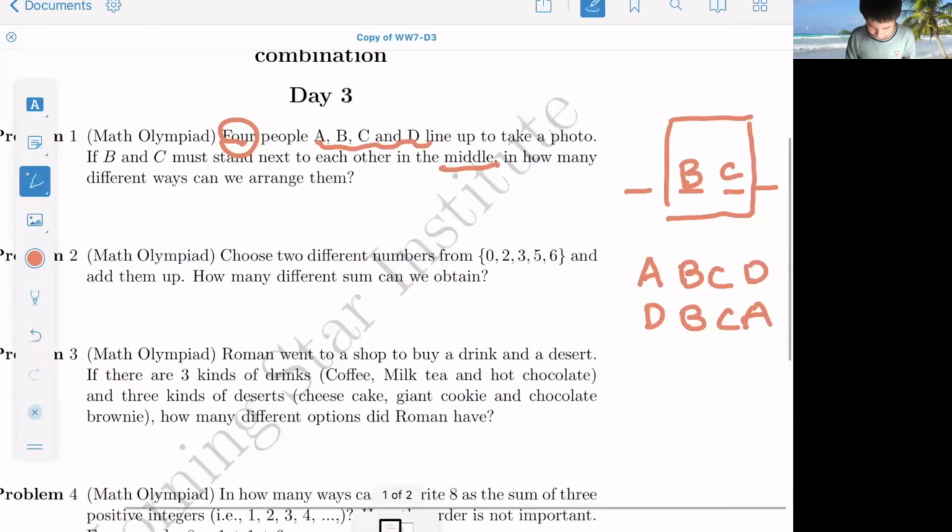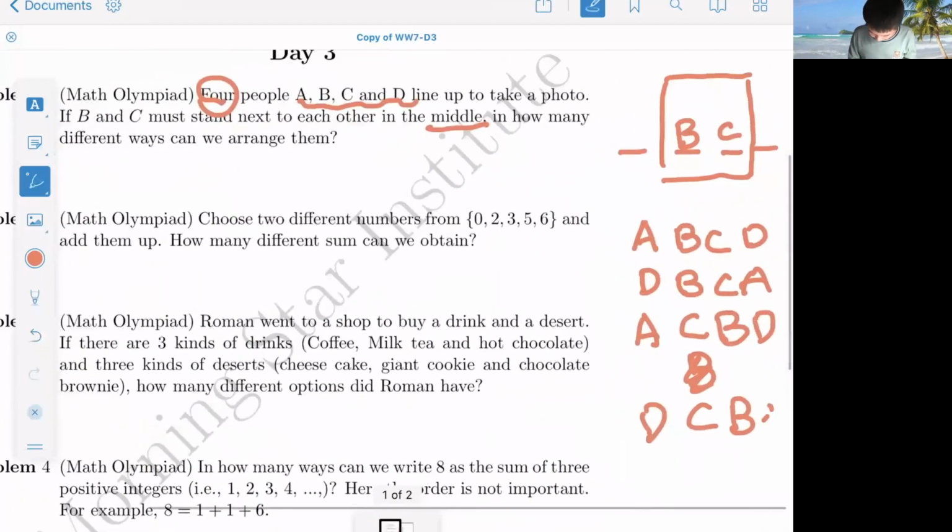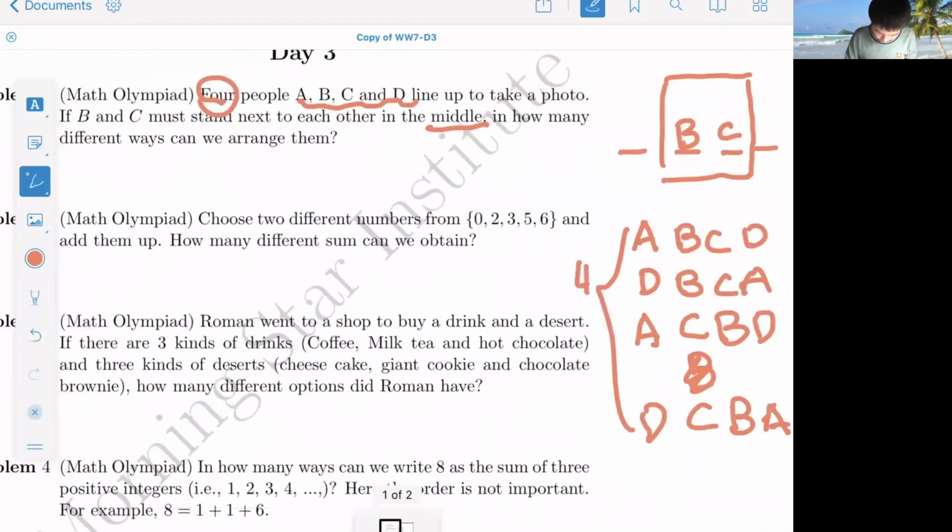If B and C switch places, then A could also be in front, D could be in the back, D could be in the front, and A could be in the back. So this is a total of 4 different cases. This is for problem number 1.